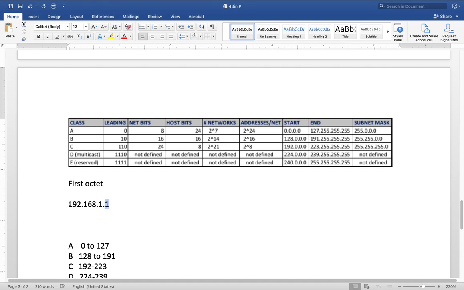This is because the first 24 bits of a class C IP address identify the network address, and the last 8 identify the host address. The subnet mask tells you that.